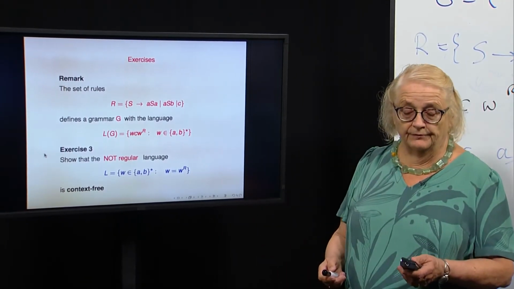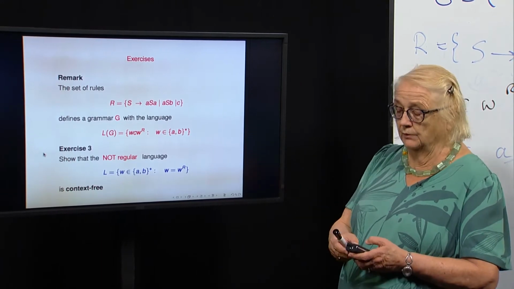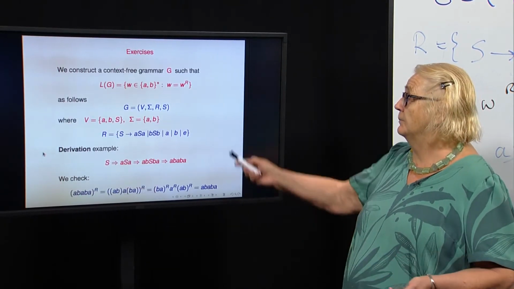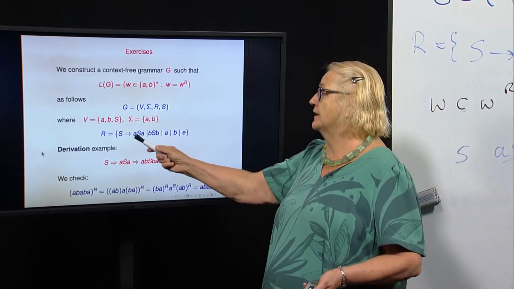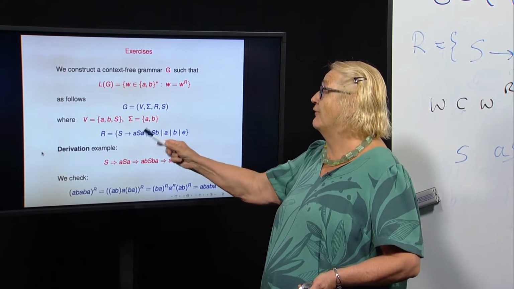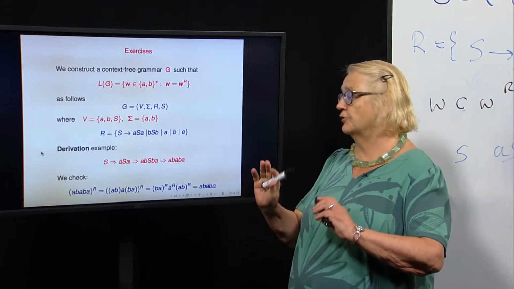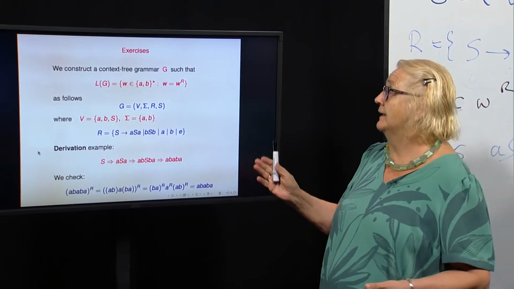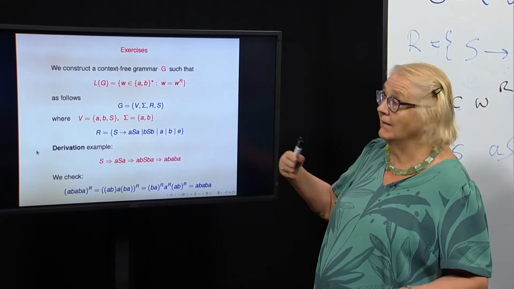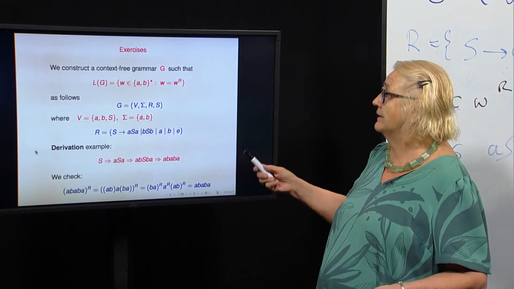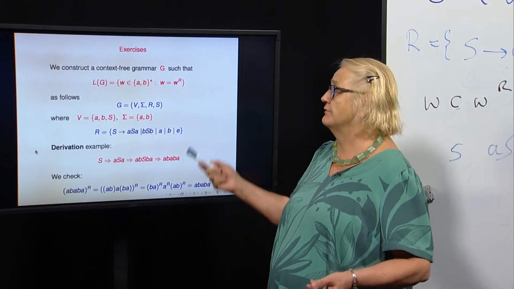W equals W reverse is another beautiful grammar. You want to produce words W which are equal to their own reverse.